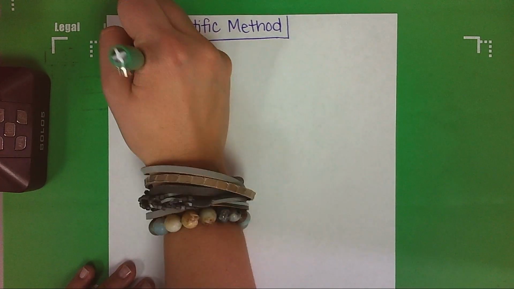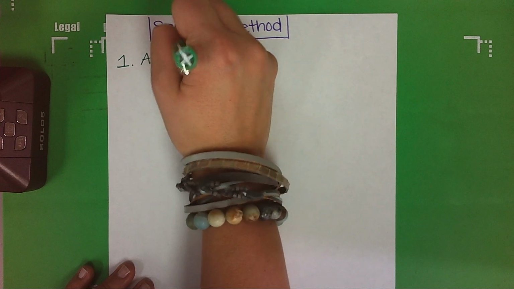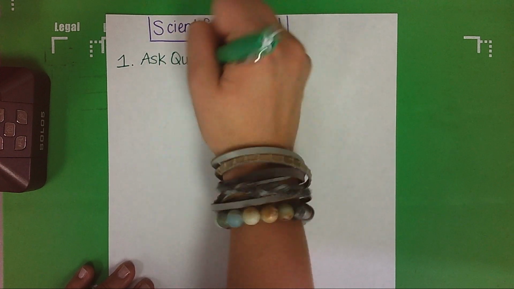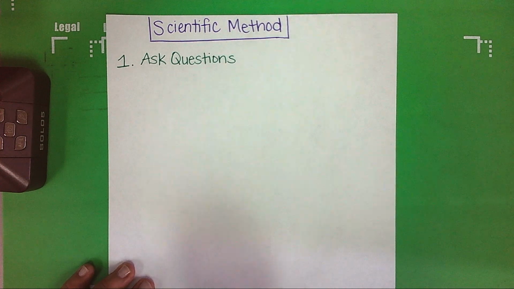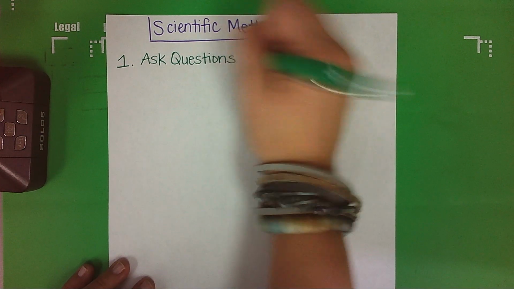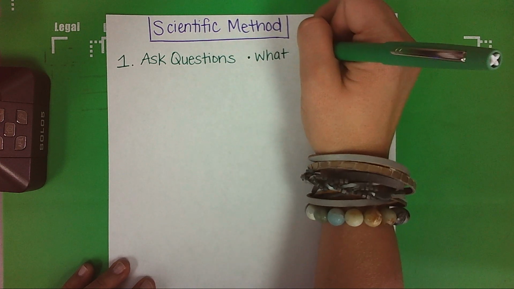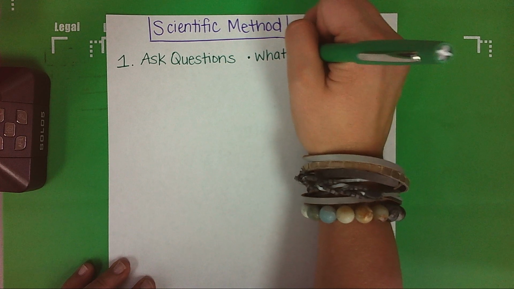the first step is to ask questions. Notice that I said ask questions, so that's more than one. So what would you think about in this case? Alright? So if you're not sure, you would think to yourself, what do I want to find out?